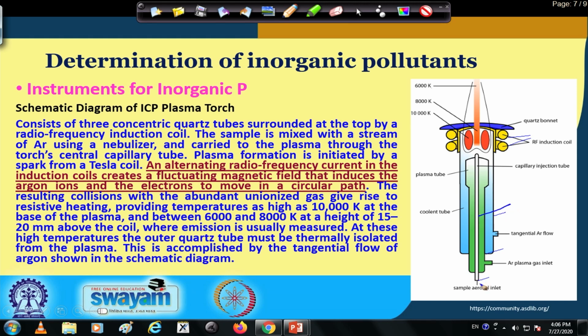This sample aerosol is injected towards the plasma by this capillary injection tube, and plasma formation is initiated by a spark from a Tesla coil.